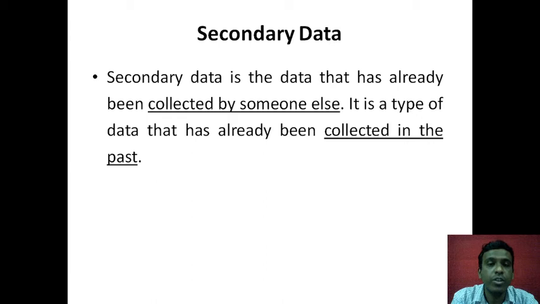Instead, it makes much more sense to rely on secondary data that has been collected by someone else, and in this case, someone else is the government. The government has already published the population of India as per the 2011 census. So, you can use that. You can use methods like interpolation and extrapolation to find out what might be the population in 2019 or 2020 when you want the data.